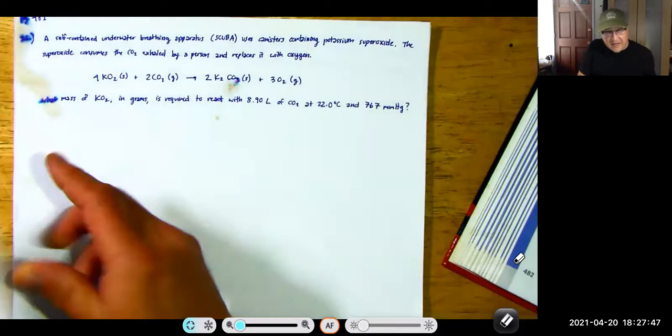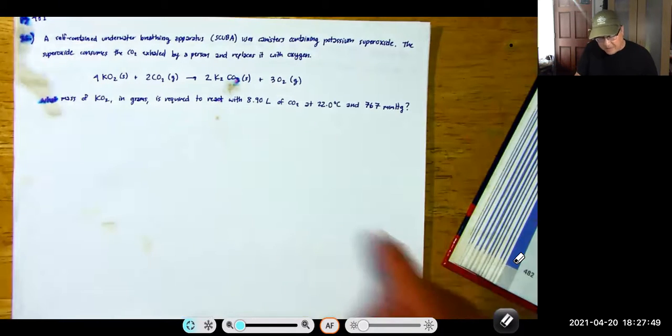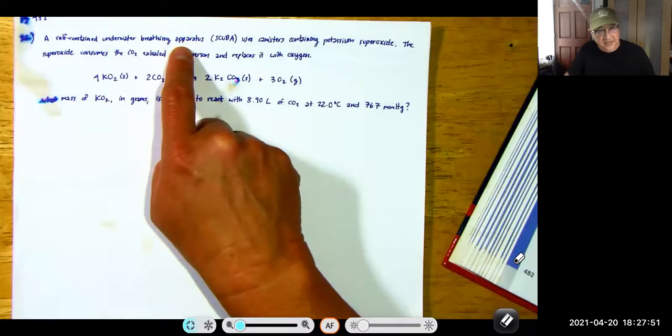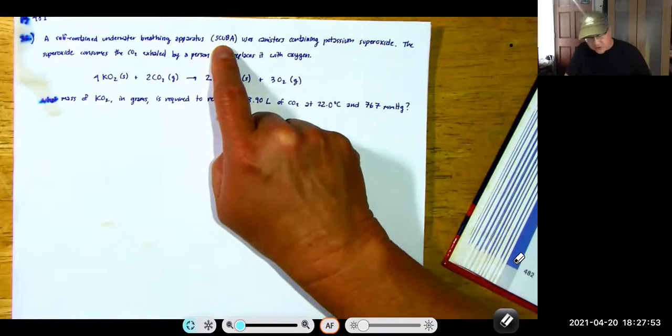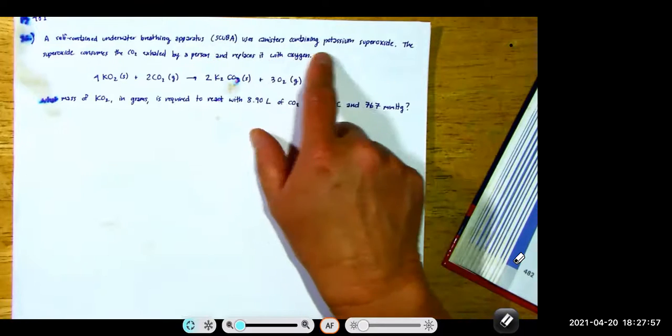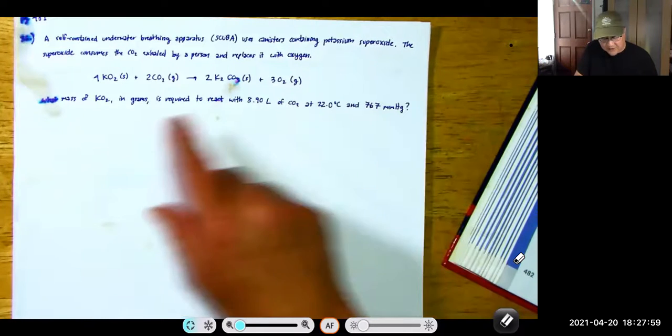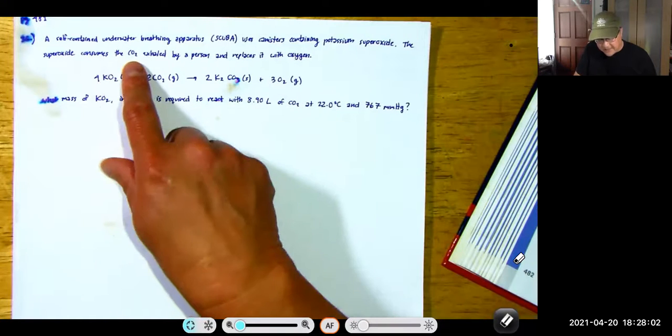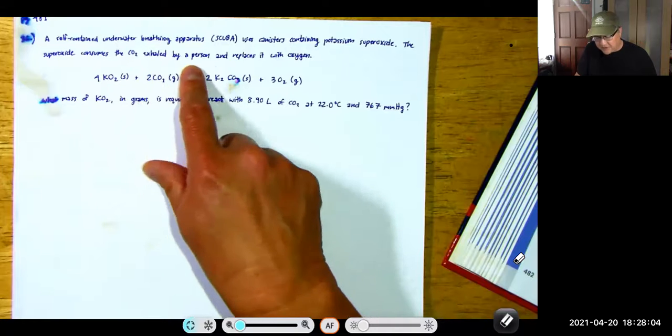So a self-contained underwater breathing apparatus, which stands for scuba, or is what scuba means, uses canisters containing potassium superoxide. The superoxide consumes the CO2 exhaled by a person and replaces it with oxygen.